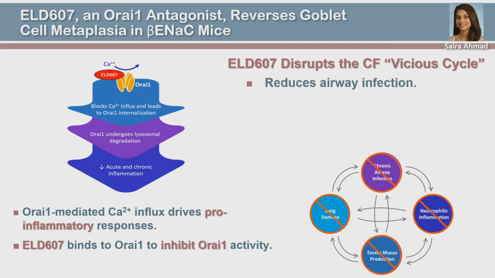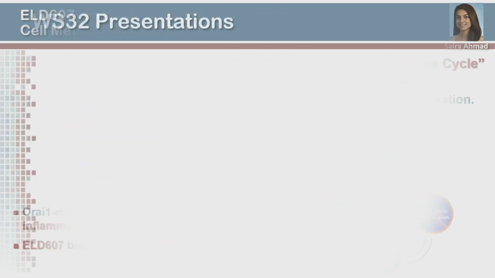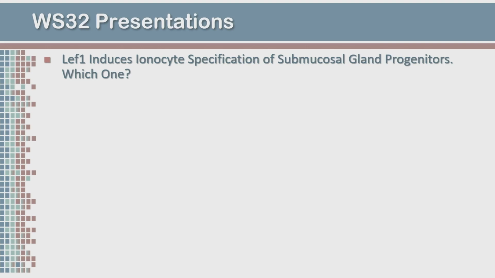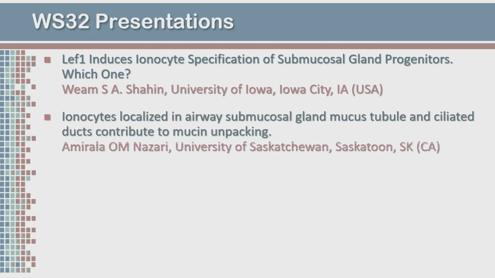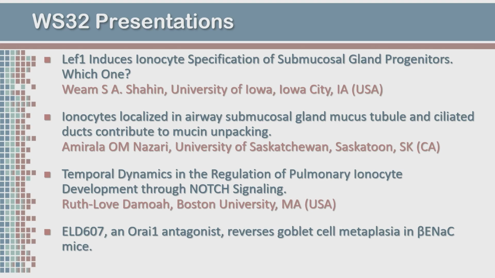And I'm creating some suspense for Saira's presentation: it is expected that this inhibitor will reduce airway infection, reduce neutrophilic inflammation, normalize mucus production, and reverse lung damage. So, without further ado, these are the 4 presentations that we will listen to this morning. Thank you.